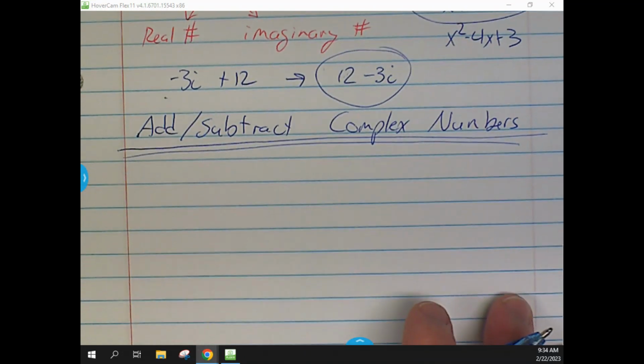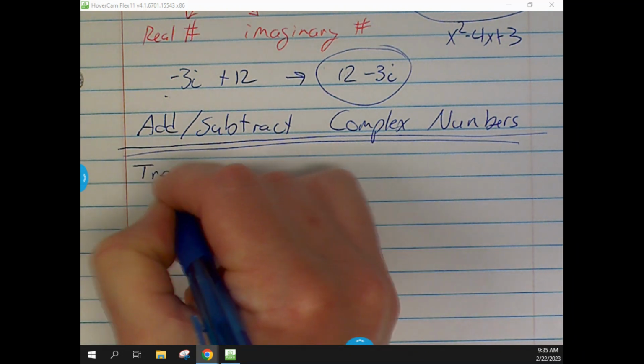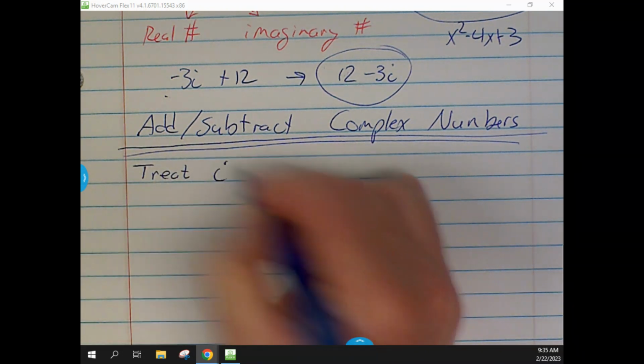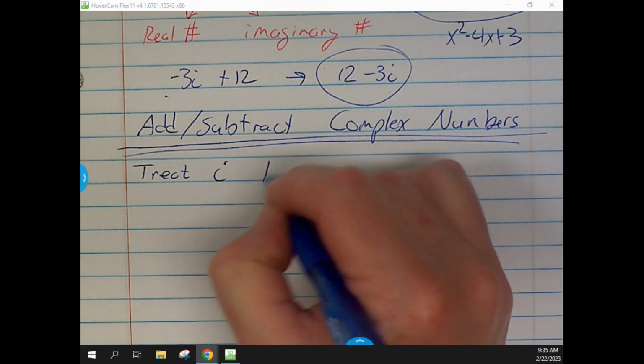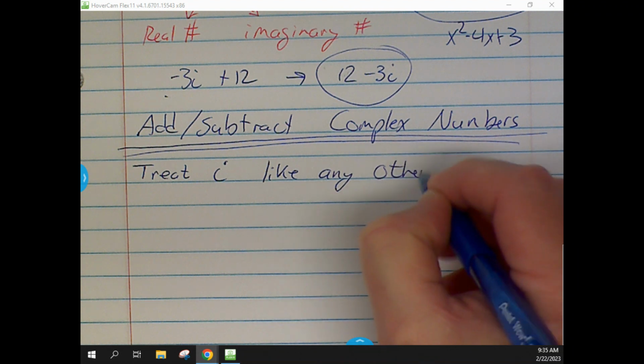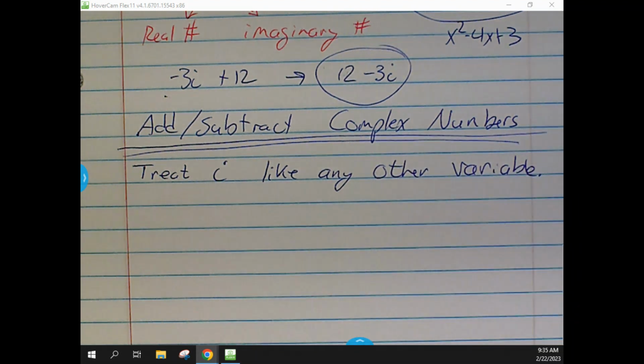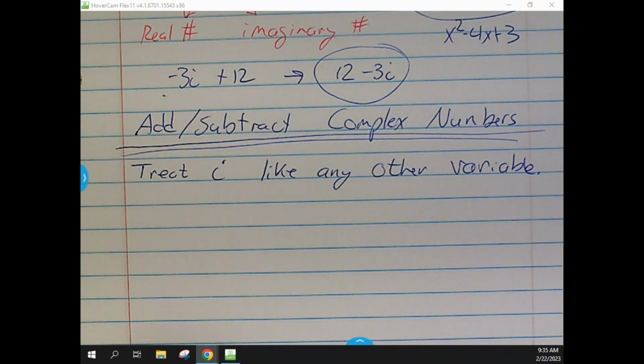All right, and when you add or subtract complex numbers, this is actually pretty straightforward, really pretty easy. You're going to treat the i variable like any other variable. So this is really going back to what we were reviewing the first couple of days.